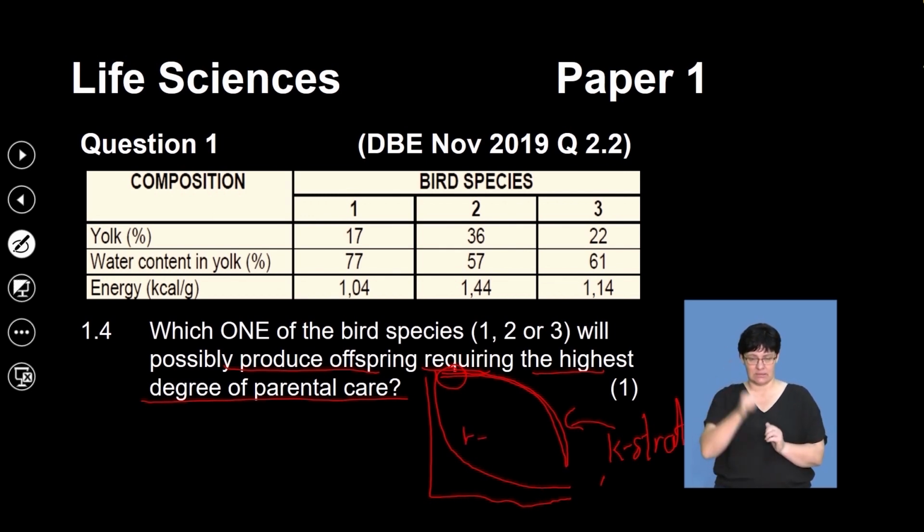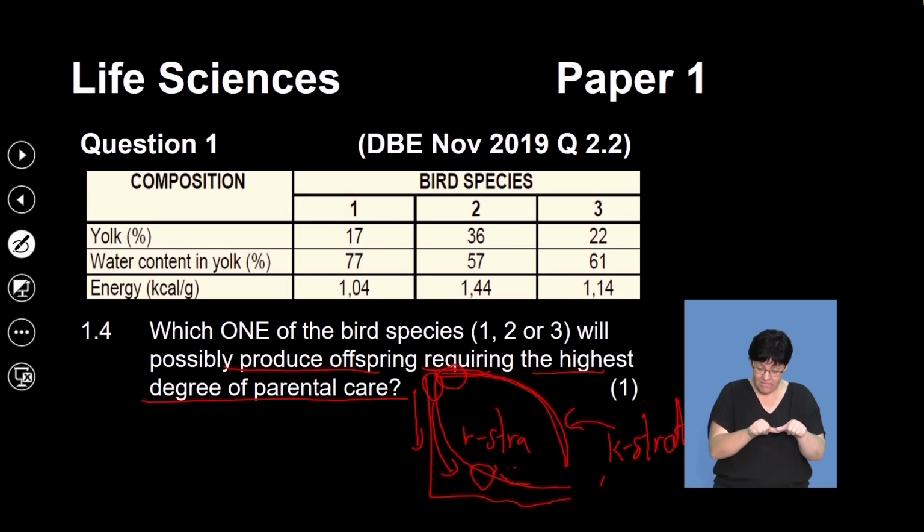On the other hand, we have the R strategy, which points to species that produce a large number of offspring, but there is an immediate decrease in the possibility of them surviving to become adults. The few that do survive initially will gradually survive to become adults. So we're comparing these two strategies in this question.